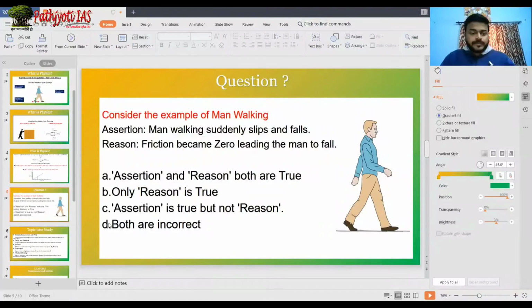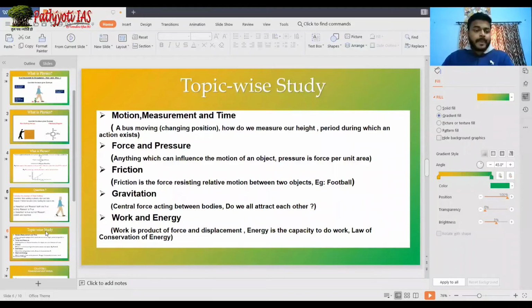Now we will first look at what we are going to study before starting the chapters. Firstly, motion, measurement, and time. For example, a bus moving is known as motion.